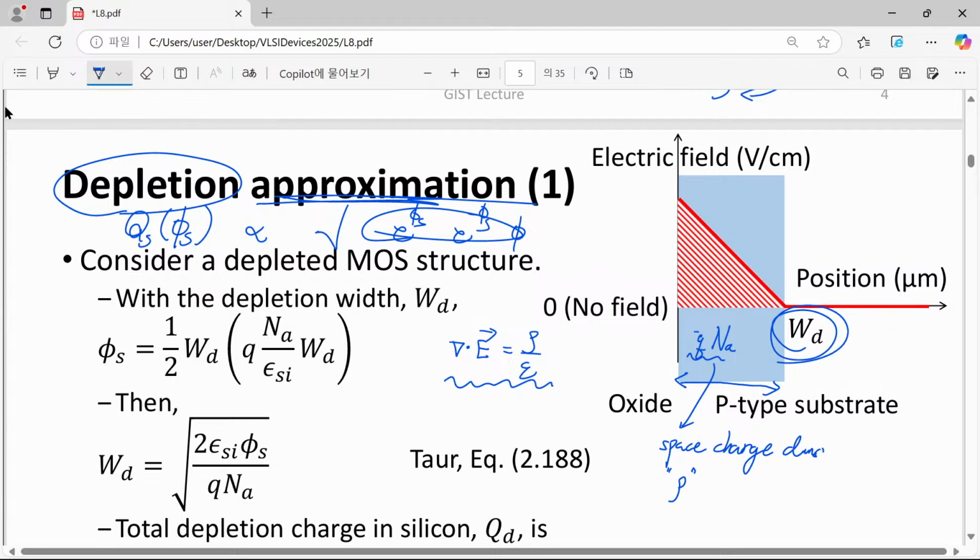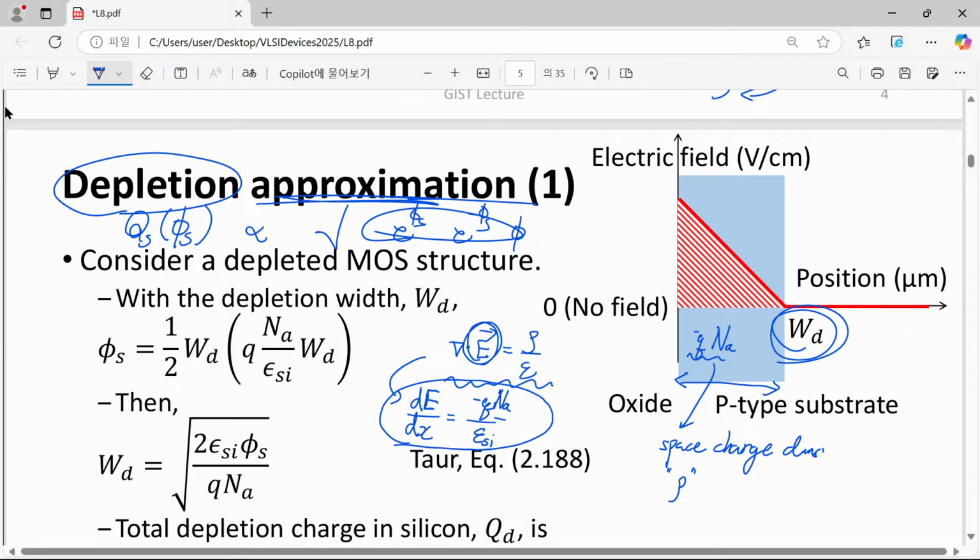So by integrating, if we just write down the 1D expression, it means that the first order derivative of our electric field is simply given as minus Q times Na divided by the silicon permittivity. That's it.